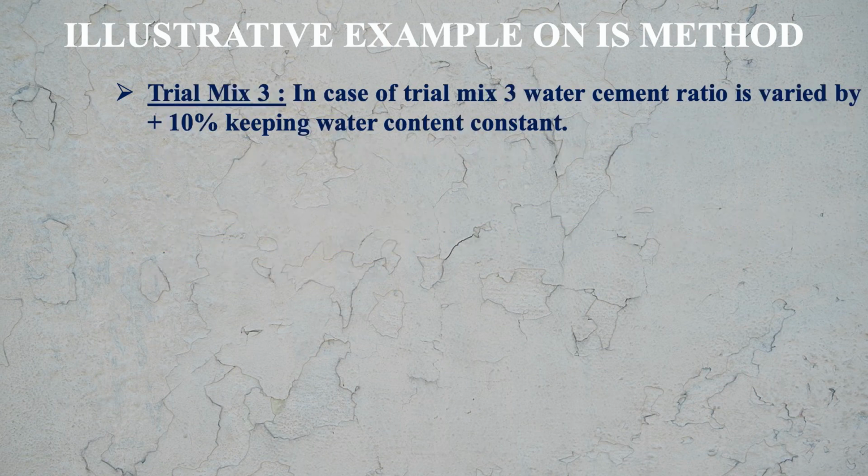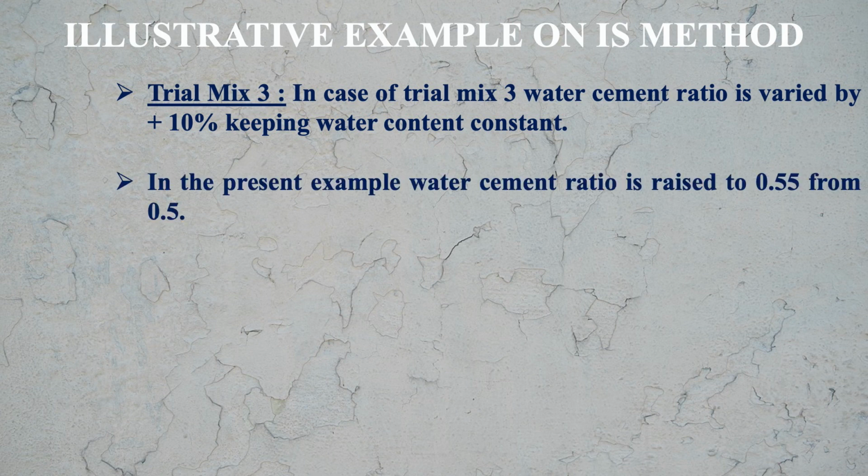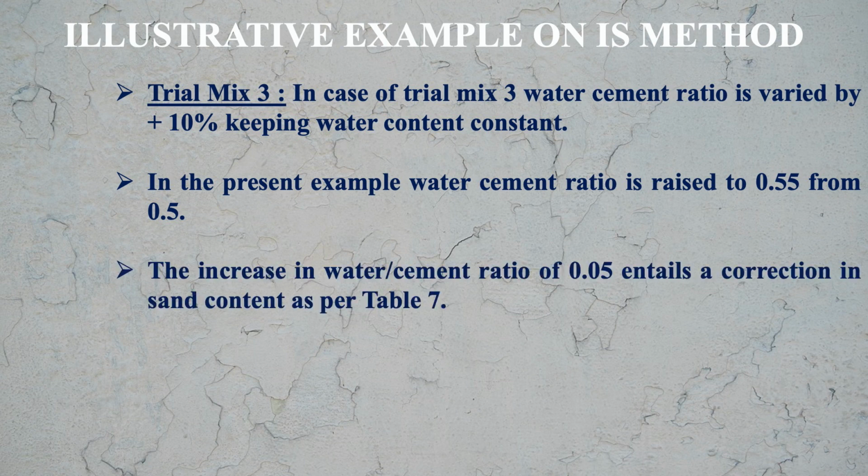In case of trial mix 3, the water cement ratio is varied by plus 10%, keeping water content constant. In the present example, the water cement ratio is raised to 0.55 from 0.5 because we are doing a 10% increase. The increase in water cement ratio of 0.05 entails a correction in sand content as per table 7.